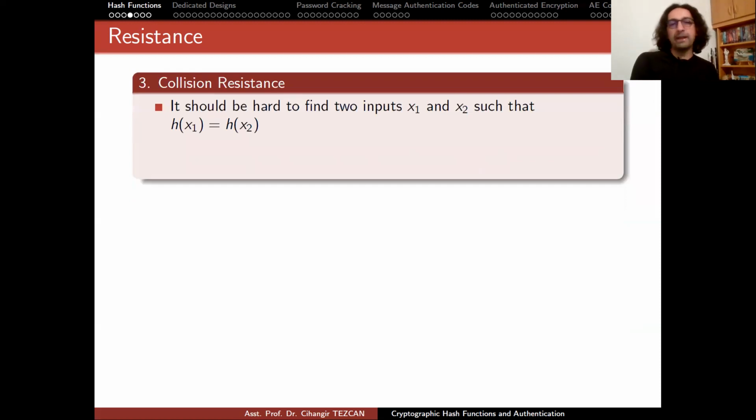So let's move on to the third property that we require for a hash function to be called a cryptographic hash function. We say that it should be hard to find any two inputs, x1 and x2, such that H(x1) equals H(x2), which equals some y value. So you might think that this is the same definition as the previous one, which we call second preimage resistance.